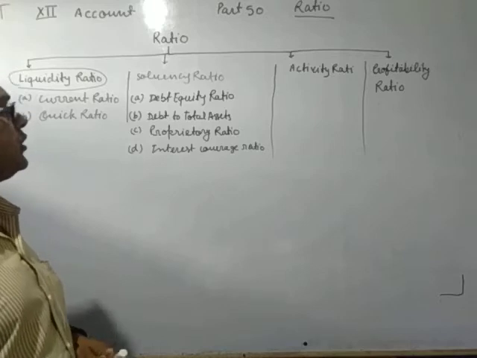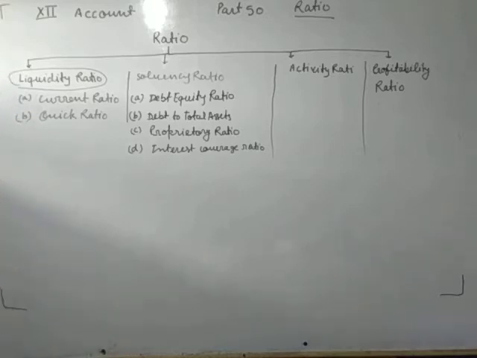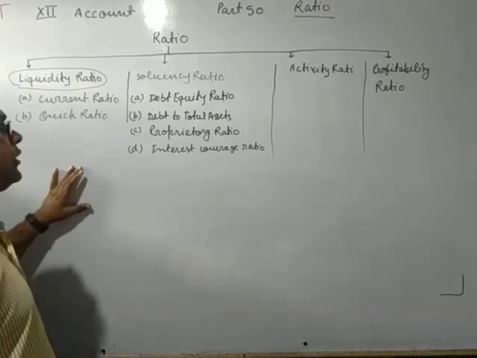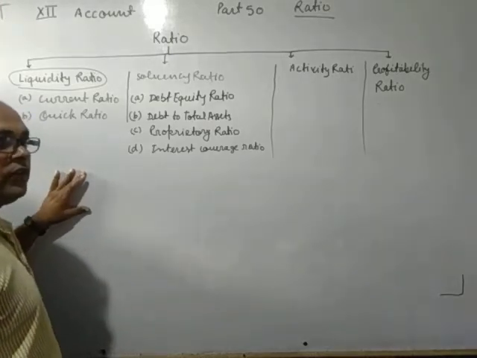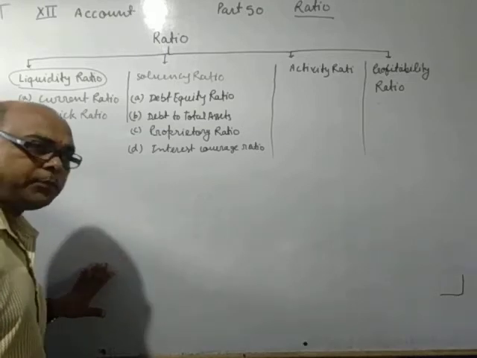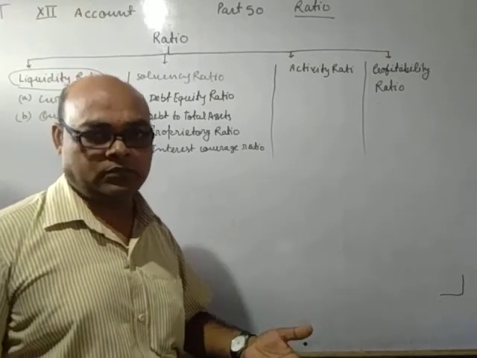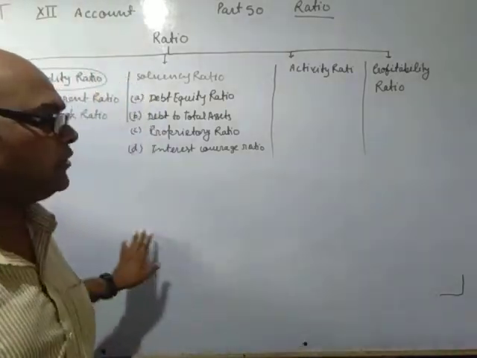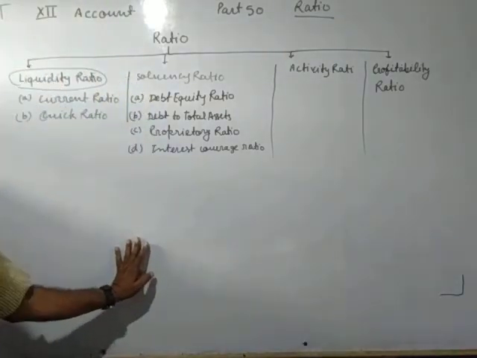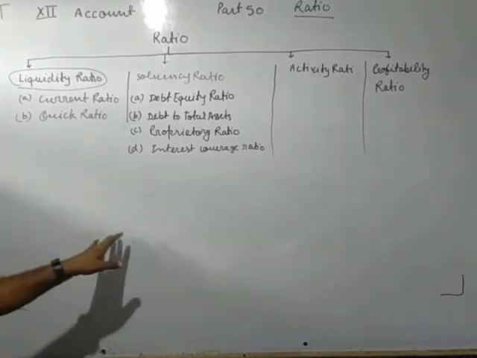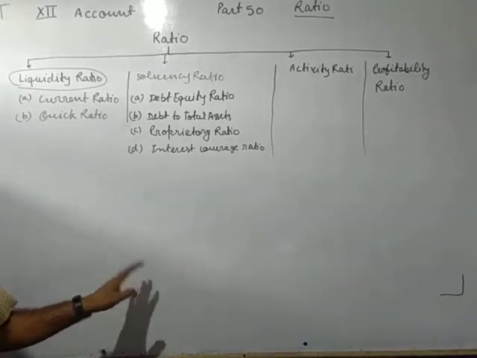First, under the solvency ratio is the debt equity ratio. When you draw the balance sheet, on the liability side, the first part is called equity and the second part is called debt. Debt means external. In the debt there are two parts, one long term and the other short term.